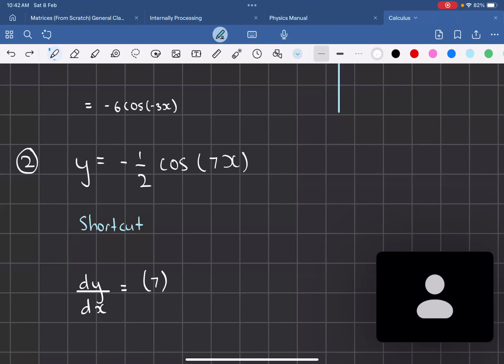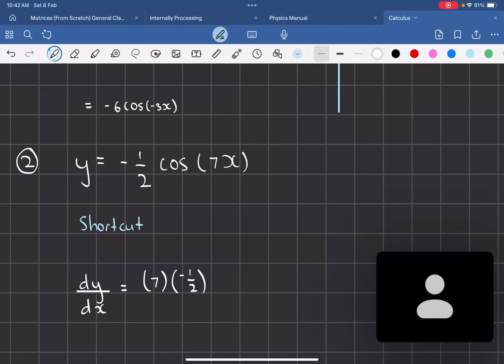You differentiate the 7x, and then you differentiate the negative a half cos. No, it doesn't work like that. The minus a half is being multiplied by cos. It doesn't have anything to do with cos, it's just being multiplied by it. So you're going to put 7, and you're going to put back the minus a half.